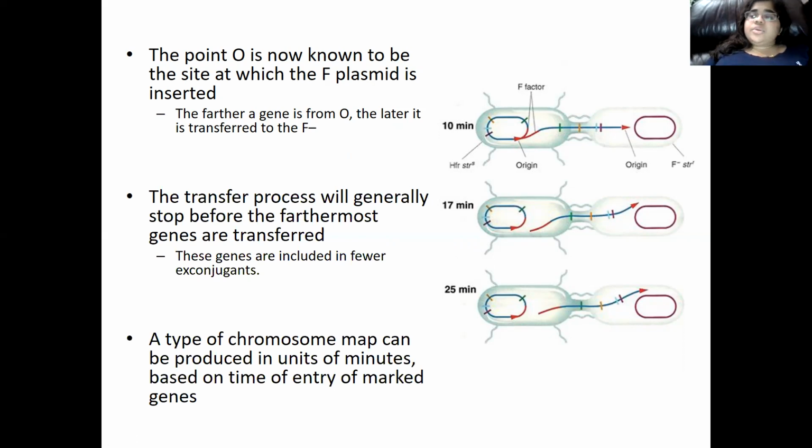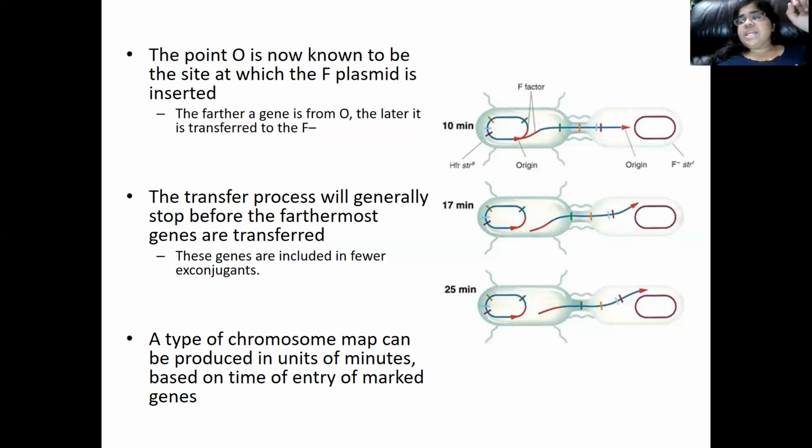Using this method, you can determine the order of the genes by keeping track of what time they came in. You can see which order they come in, and that would be the order they are mapped on a chromosome.